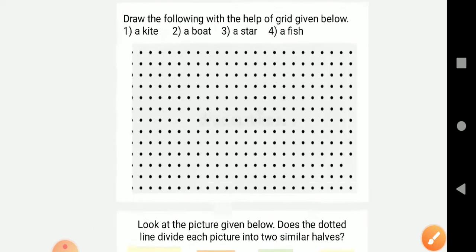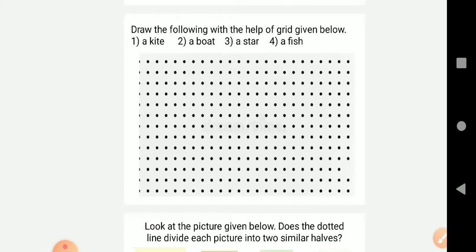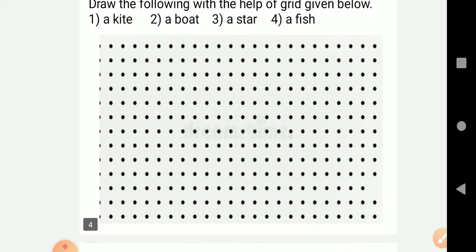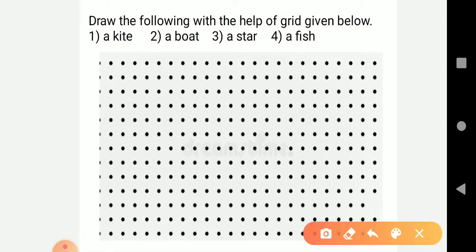Okay, then the second picture is boat. This is the picture of boat.